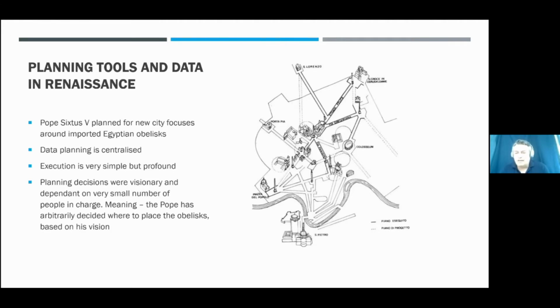Economically, public health needs to be taken care of. All of these issues, at the time of this sketch and when Pope Sixtus did it, were very diminished in terms of discussion. He actually made the decision, and that was it.